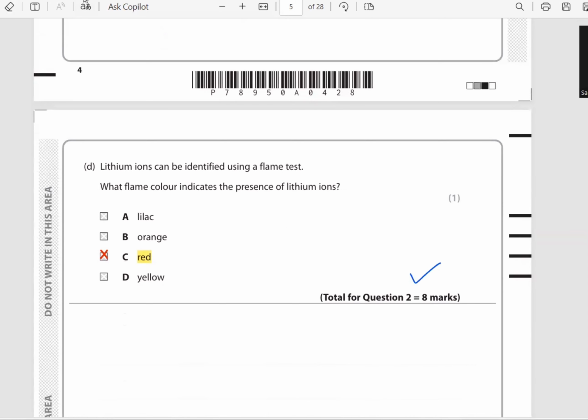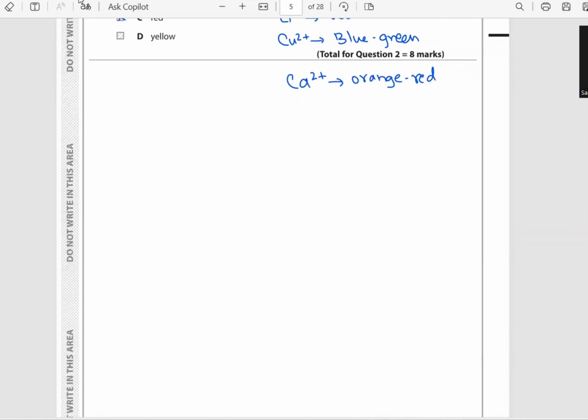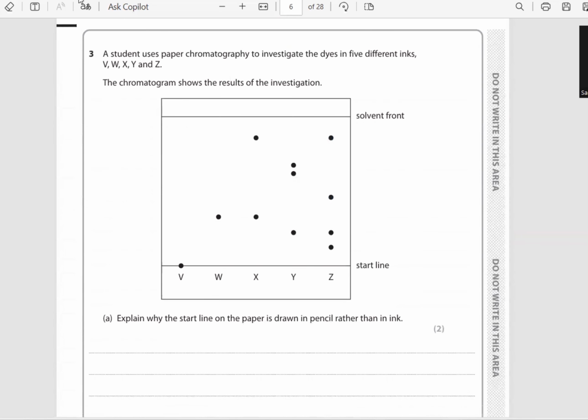We have finished question number 2. Let's talk about question number 3. This question they have taken from separation techniques, especially from chromatography. A student uses paper chromatography to investigate the dyes in 5 different inks. These are the names of different inks.